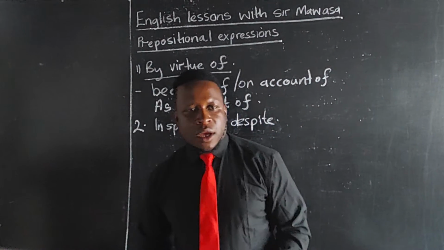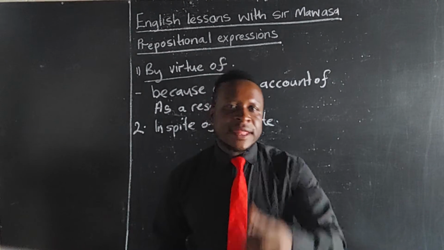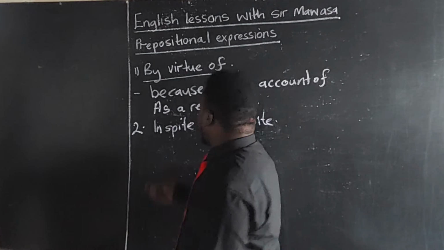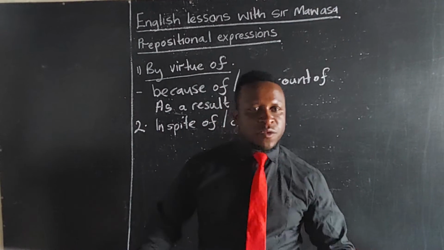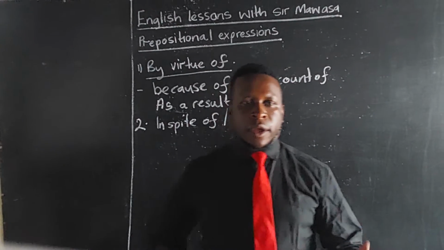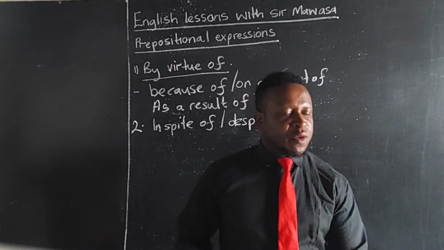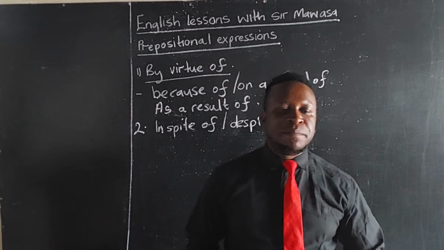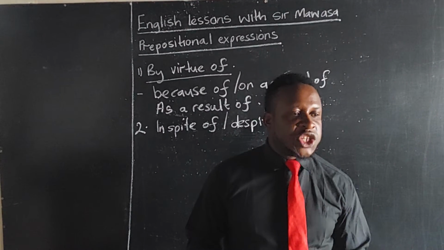Right. What else can we say? There is the other one which is in regard to. In spite of means we are removing a factor. We are excluding something that might be an obstacle in the issue.